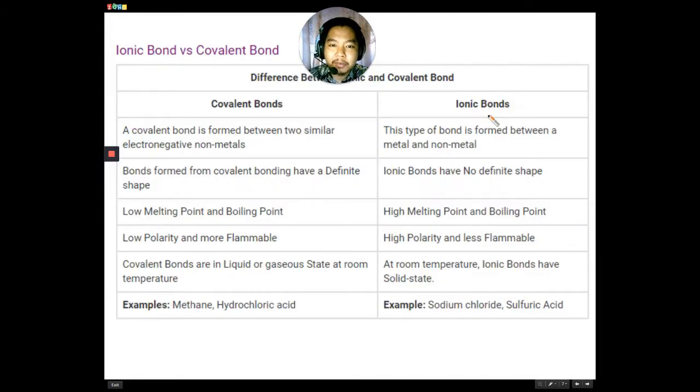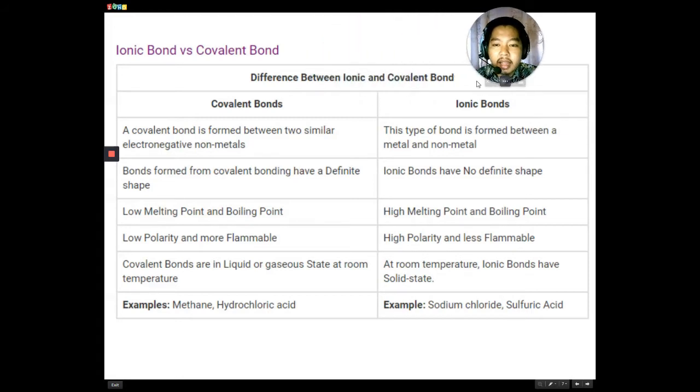Alright. Now that we identify what the non-metals in our periodic table are, let's have a glimpse of the difference between ionic and covalent compounds. Again, the common difference of the two is that ionic compounds are between metals and nonmetals, while covalent compounds are nonmetals.